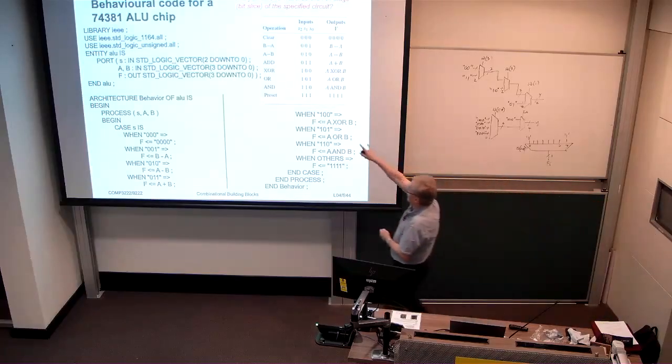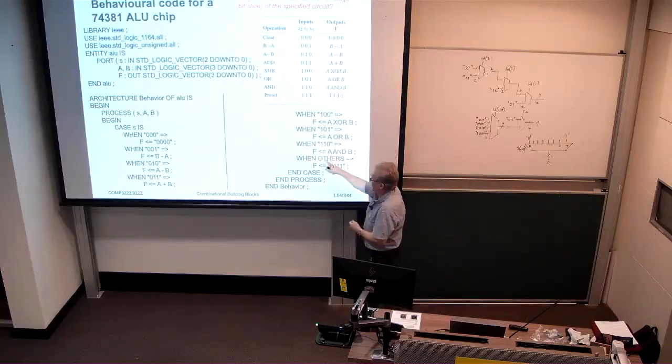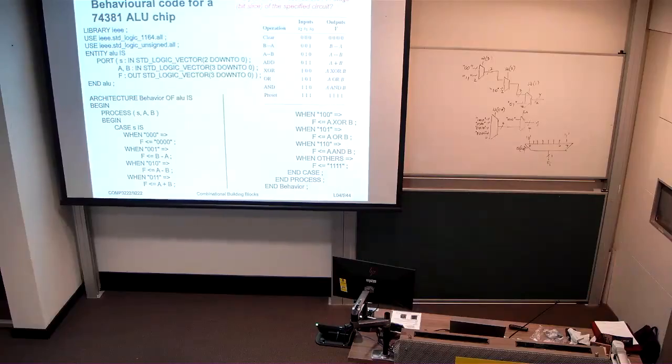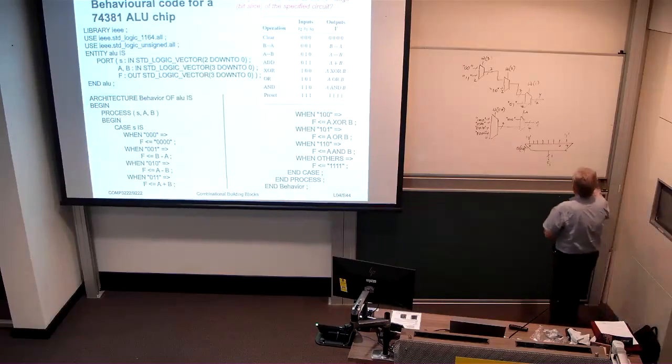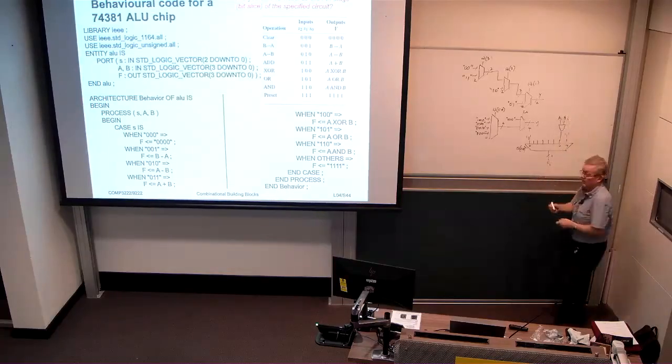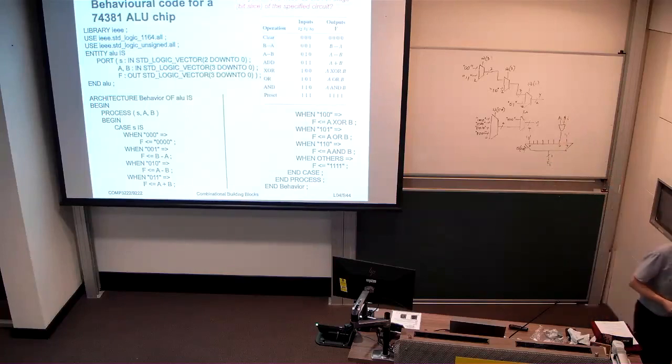This table, or this code, tells you what the 6th input should be. It's just the AND of AI and BI, right? So what about the 5th input?